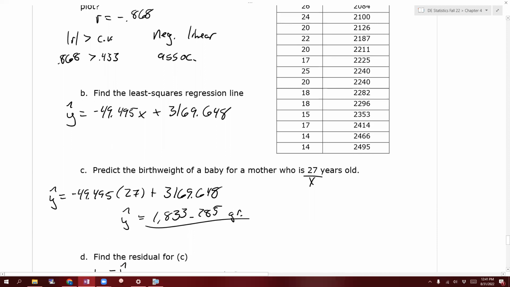So if we would predict a 20-year-old to have an 1,800 gram baby, we would expect a 21-year-old to have a baby that weighs 1,750 grams. So every time they get 1 year older, we would predict the baby's weight decreases by about 50 based on the slope.